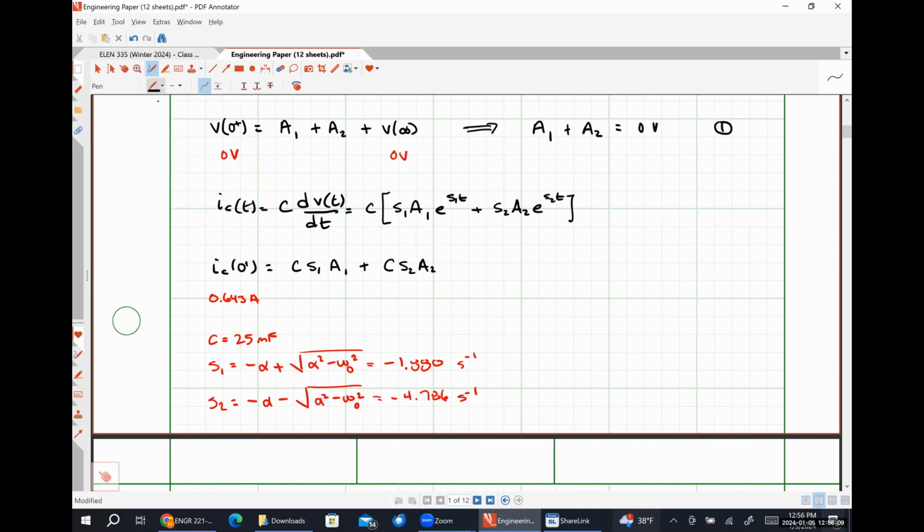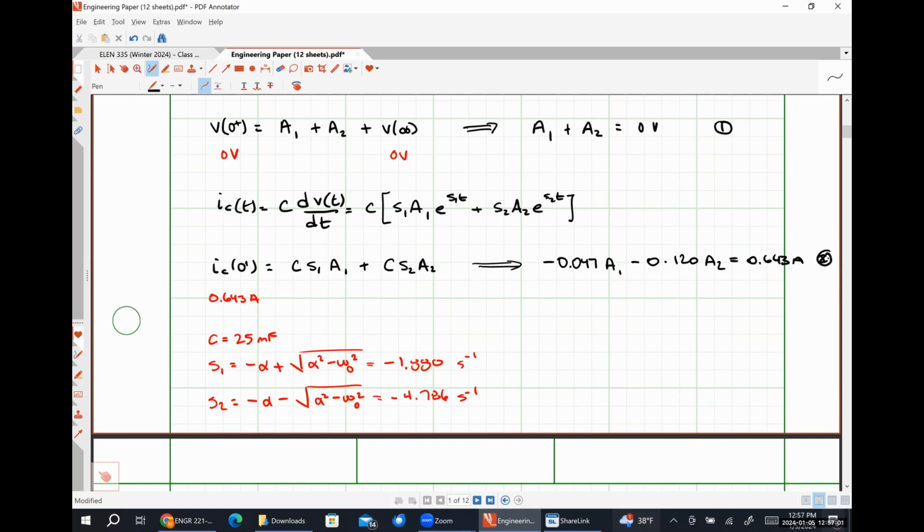Just plugging stuff in here, 0.025, that's 25 milli, times negative 1.880 is negative 0.047 A1. 0.025 times negative 4.786 is negative 0.1196, so let's call that 0.120, A2 is equal to 0.643 amps.